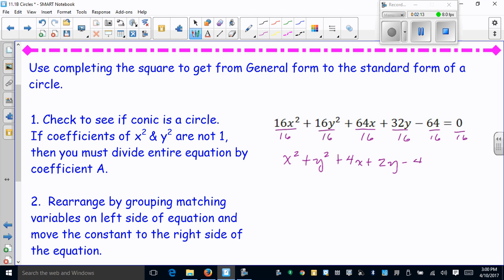Step 2 says rearrange by grouping matching variables on the left side of the equation and moving the constant to the right. So you're going to put your x's together.